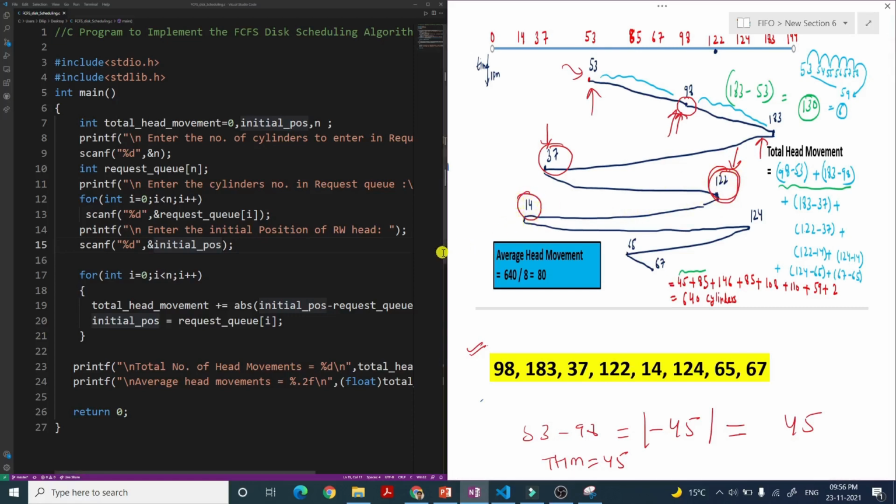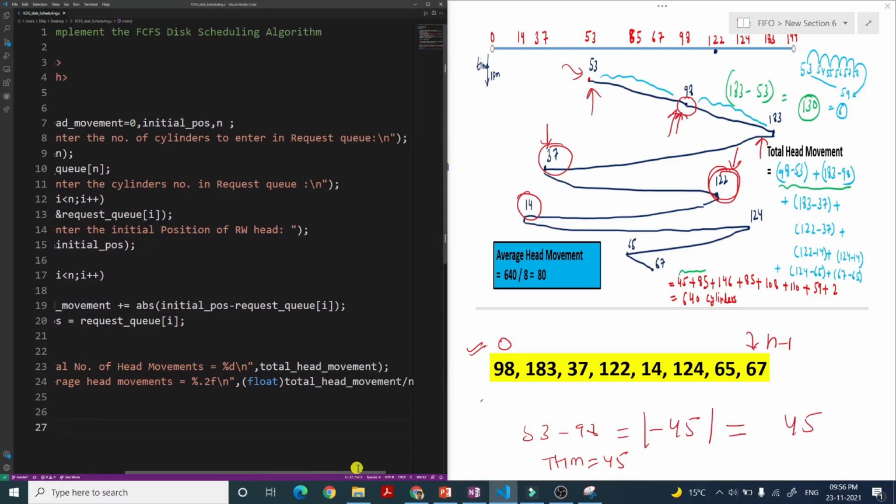Basically the safer side is we just take the absolute value, and then we keep on adding into the total head movement. This way every request will be serviced from 0 to the n minus 1th position. After this loop is over, we will get the total number of head movements inside the total head movement variable.